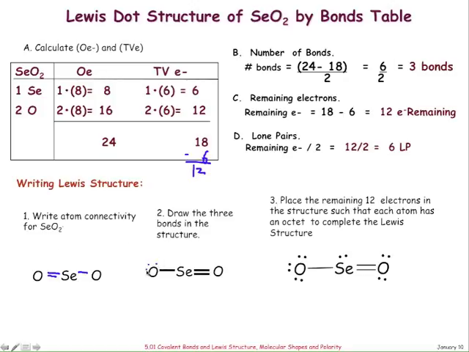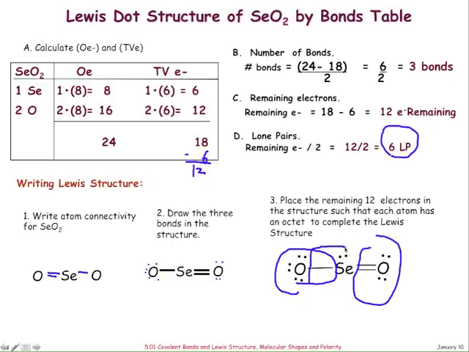That'll give it 8. You take care of the flanking atoms first. Don't worry about selenium yet. Worry about this oxygen. It needs 4. Remember, we have 6 lone pairs. We've used 5 right now. The last 2 goes on selenium. If you count, this oxygen has 8. This oxygen has 8. And this selenium has 8. It obeys the octet rule.